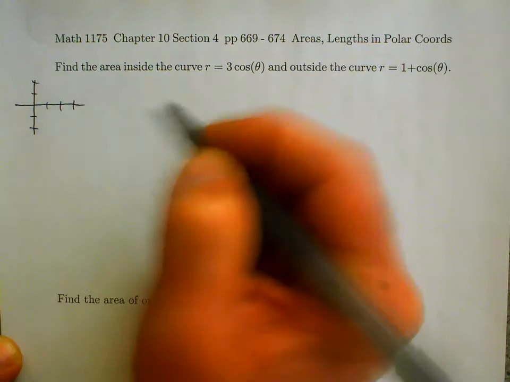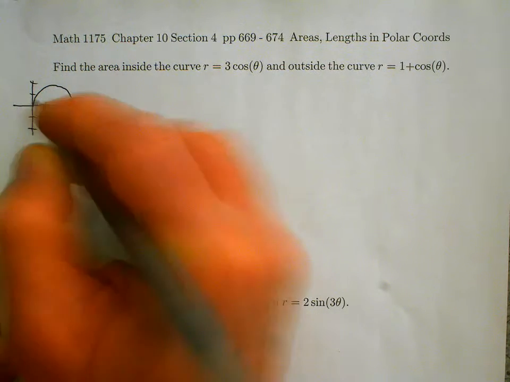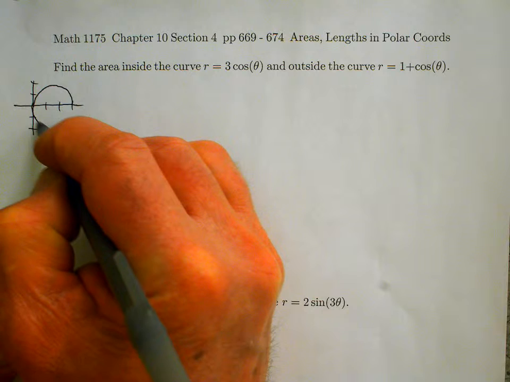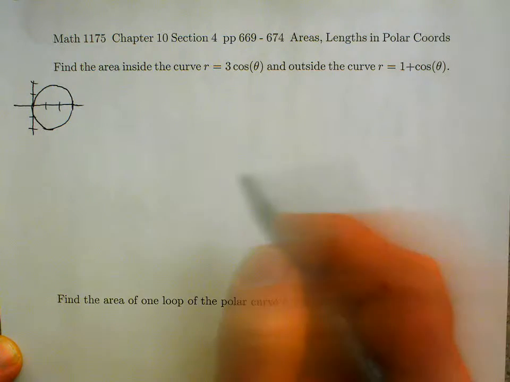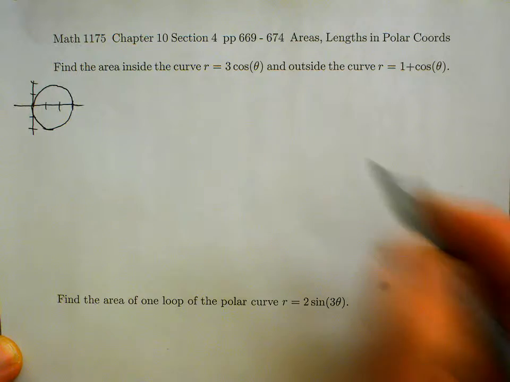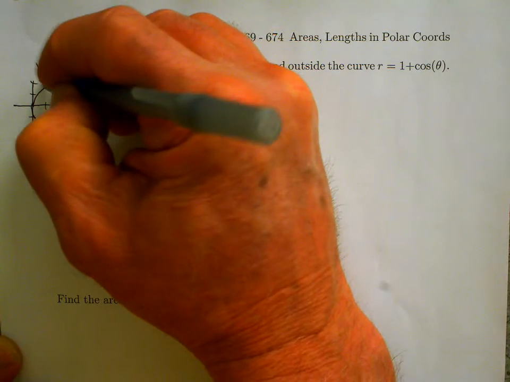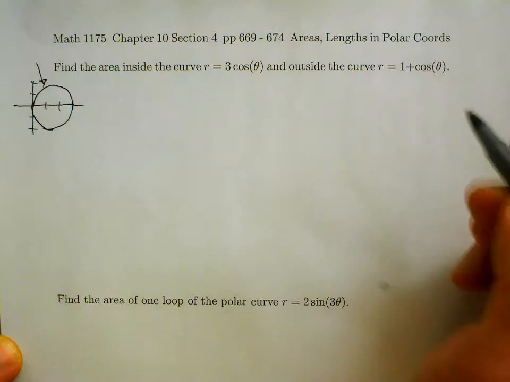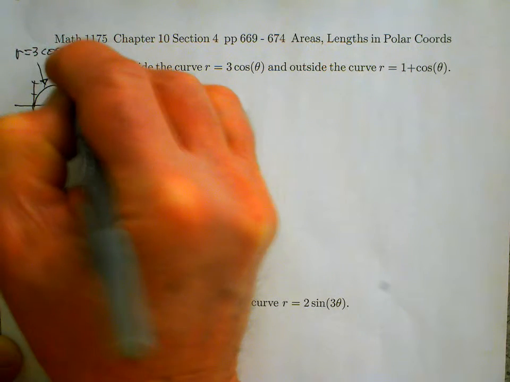So the polar curve, anyway, is a circle. So that is r equals 3 times cosine of theta.